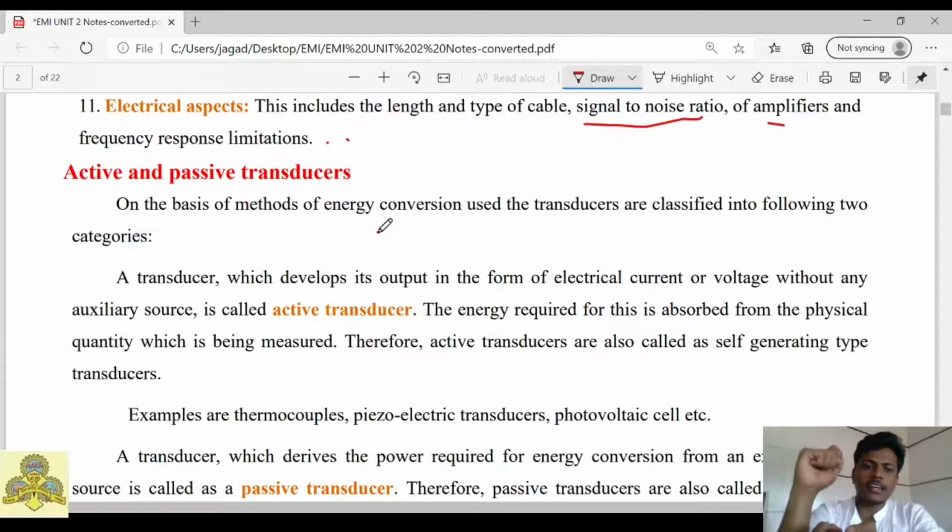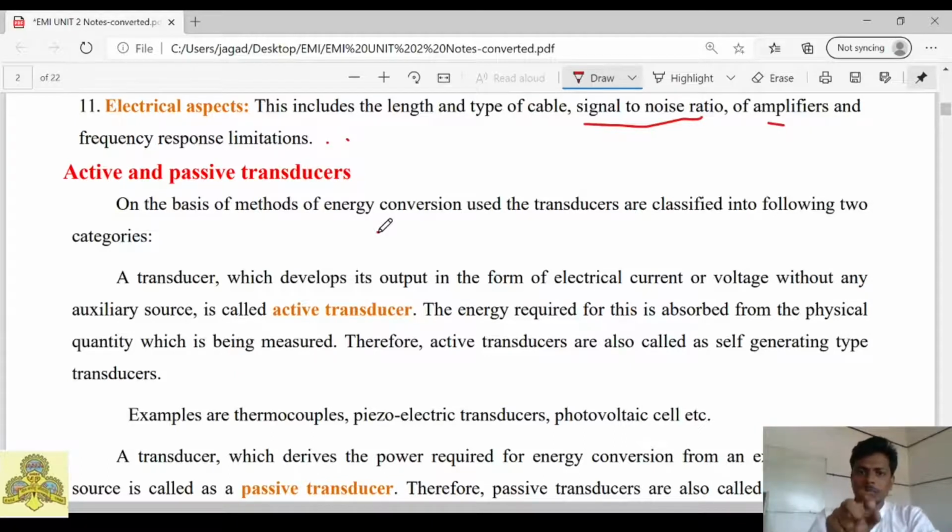You are understanding, right? So this weighing machine needs an electrical source or a battery source to convert one form of energy into another form. But a photovoltaic cell doesn't need electricity. It directly converts light into an electrical signal, isn't it?